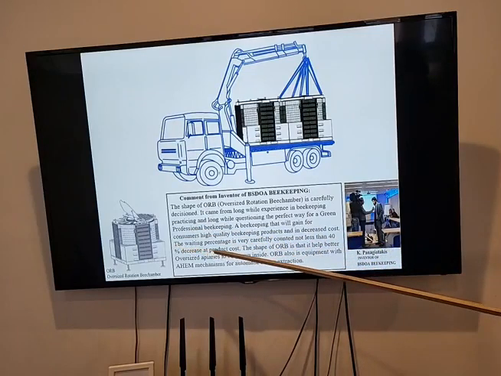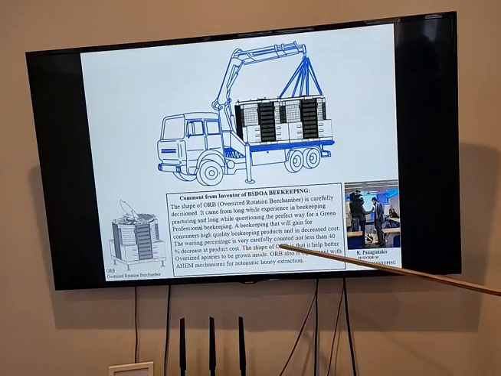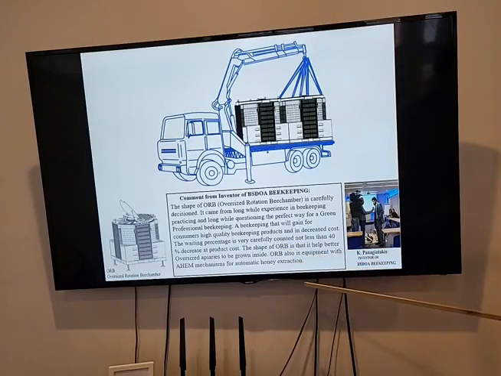The weighting percentage is very carefully counted, not less than 40% decrease in product cost. The shape of the orb helps a better oversized appearance to be grown inside. The orb is also equipped with a mechanism of automatic honey extraction.